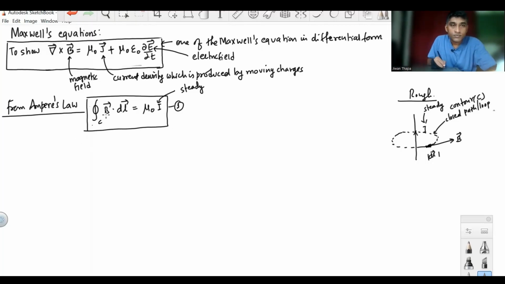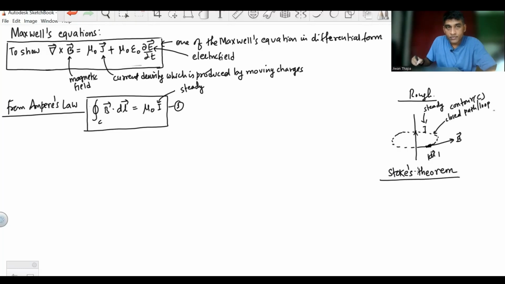Now, we use Stokes theorem on left hand side of equation 1.